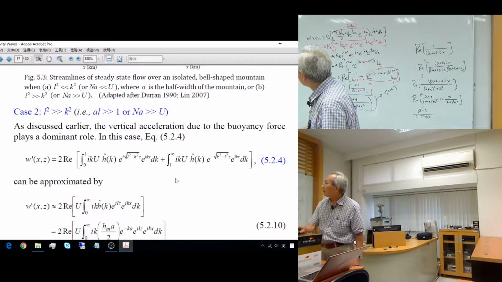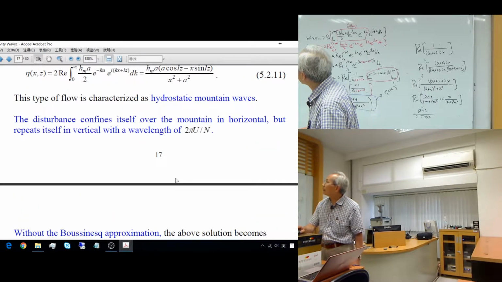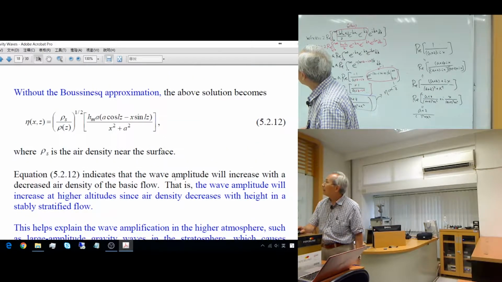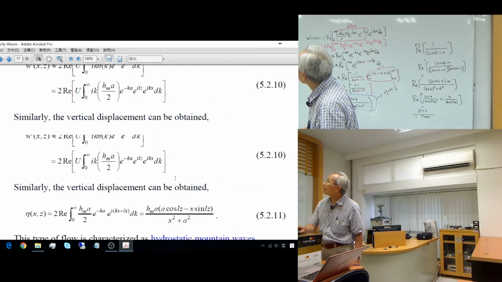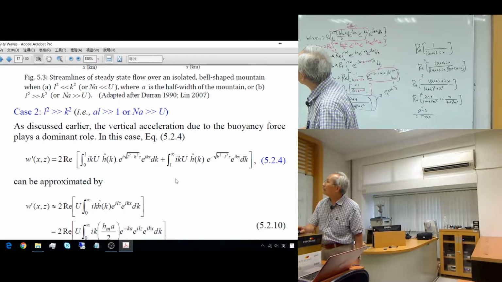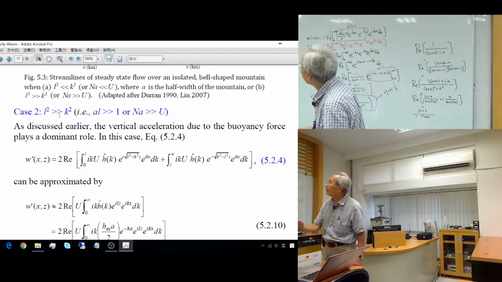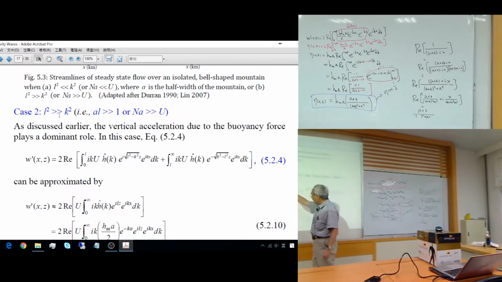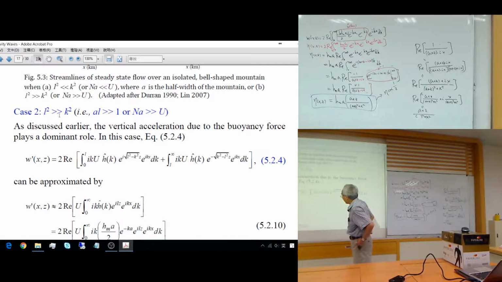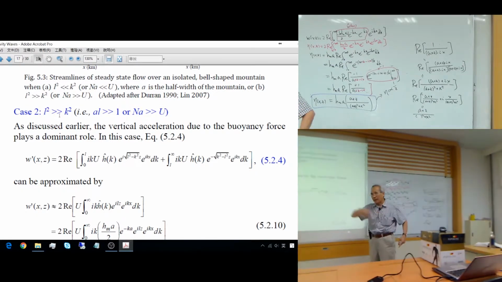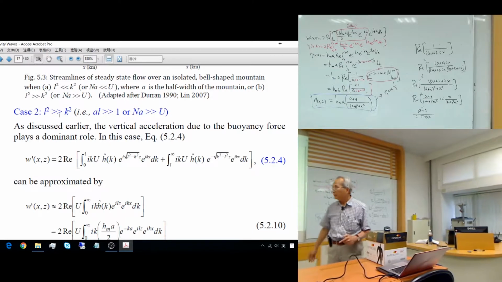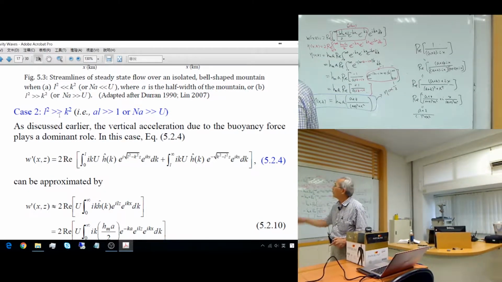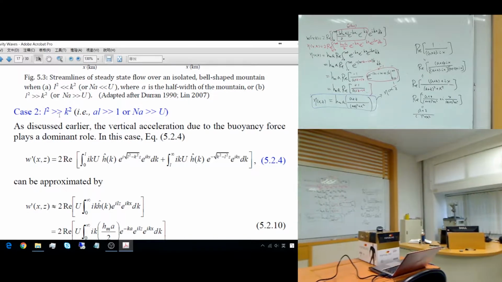And now the next regime is when l squared is much greater than k squared. When l squared is much greater than k squared, which term should be knocked out? We have to keep this term, right?